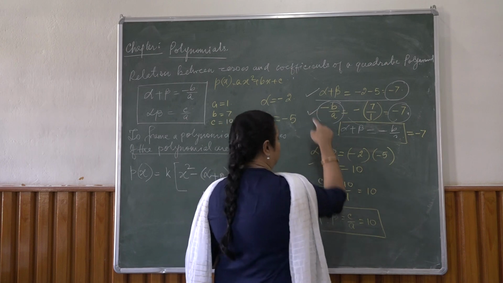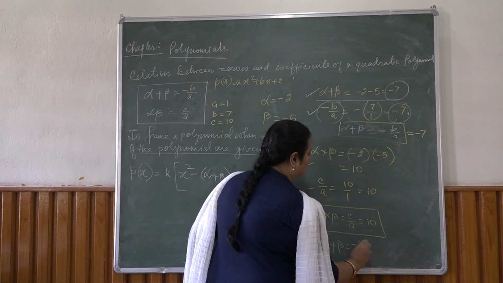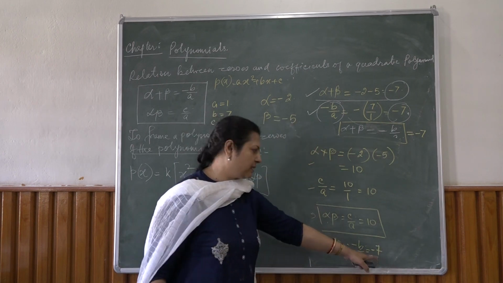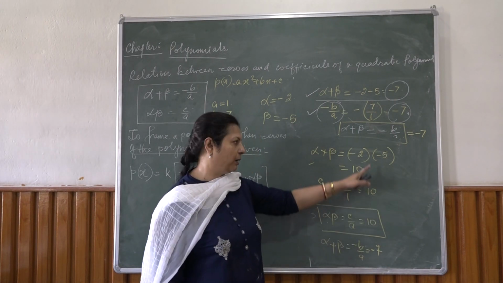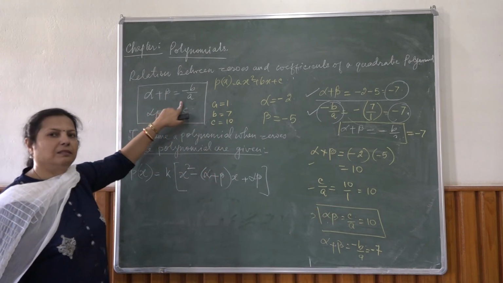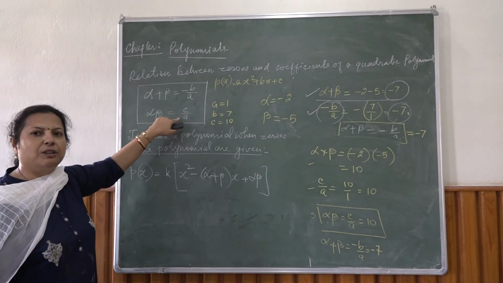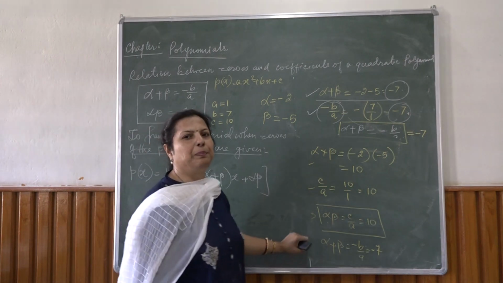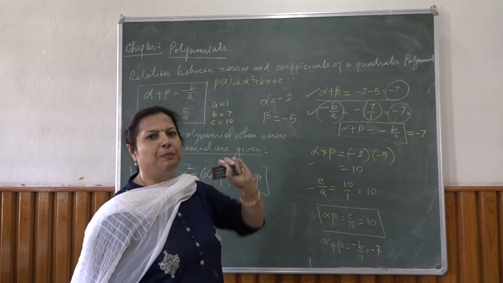So both the results verify that the sum of the zeros is equal to minus b by a. In both cases they are equal to minus 7, and alpha into beta is equal to c by a, which is 10 in both cases. Hence we establish this relation that alpha plus beta is equal to minus b by a and alpha beta is equal to c by a. Now this was the simplest type of question of the exercise, the very first basic one.